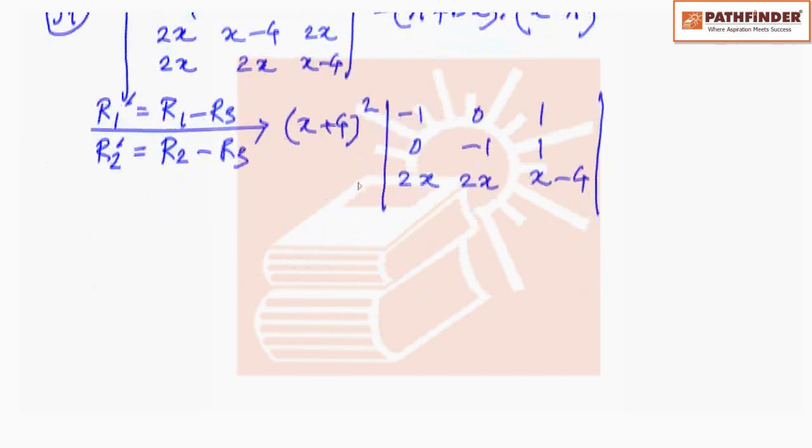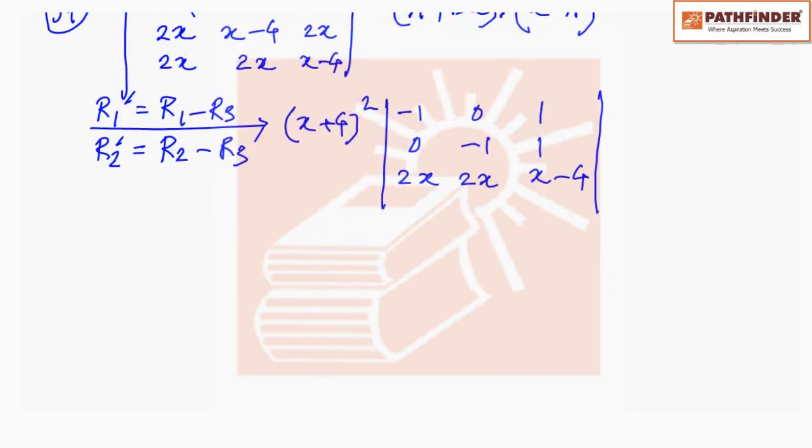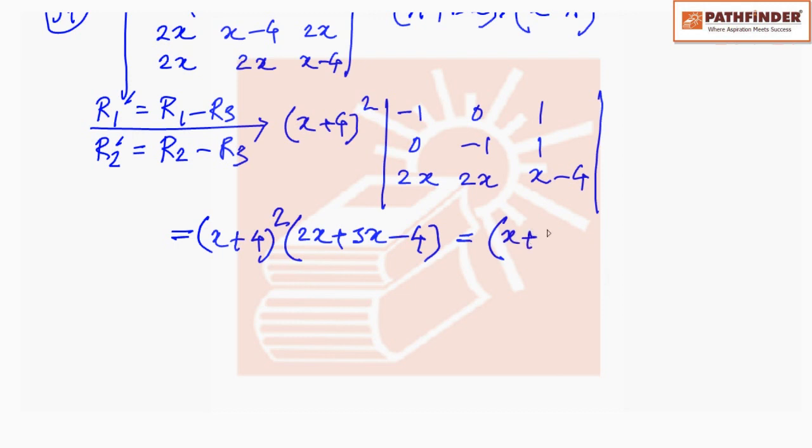If we simplify this, we are getting (x plus 4) whole square into (2x plus 3x minus 4). So we are getting (x plus 4) whole square into (5x minus 4).